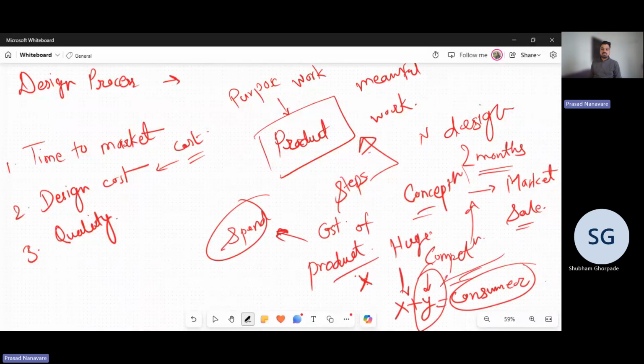How much is our income? It becomes less. So the main thing is that you should try to minimize the design cost in order to earn profit from the system. Plus, nobody is going to buy a costly system in the market.